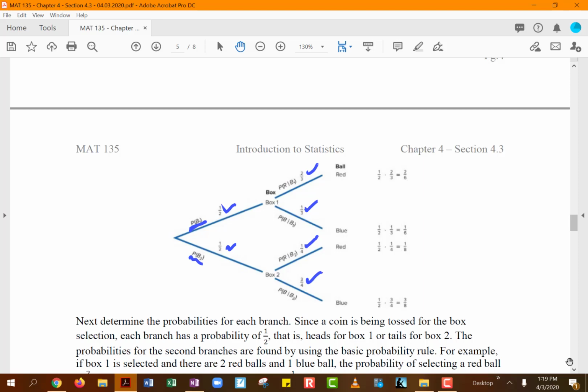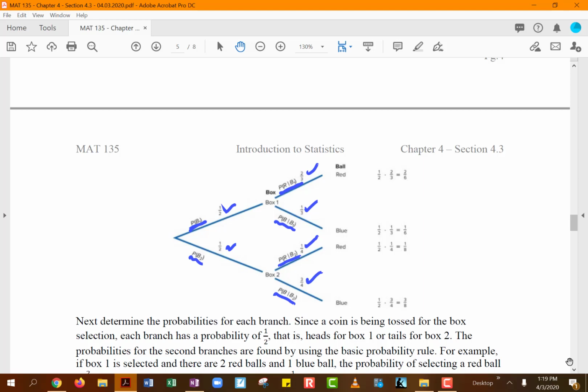And then from each box, this is where your conditional probability comes in, because that's red given that you choose box 1, or that's blue given that you choose box 1. This one here is the probability of red given you choose box 2. This one is the probability of blue given that you choose box 2, right?